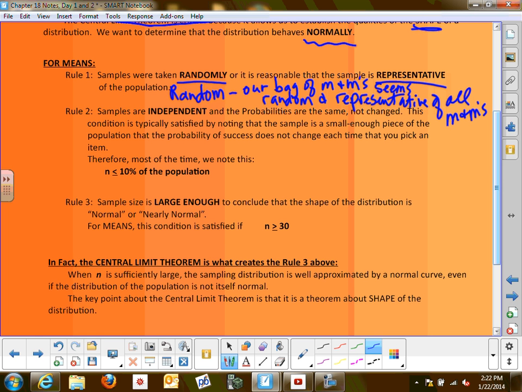Second, this idea of independence. Independence is critical because we have to come to the conclusion that when I look at Zach's bag of M&Ms and I examine the proportion of blue M&Ms he has in them, then I go and look at Byron's bag of M&Ms.